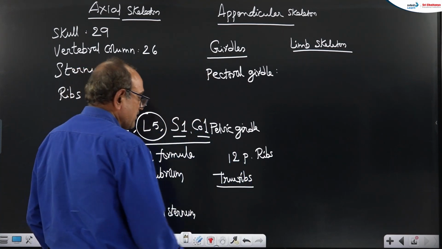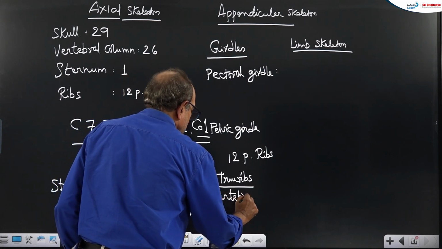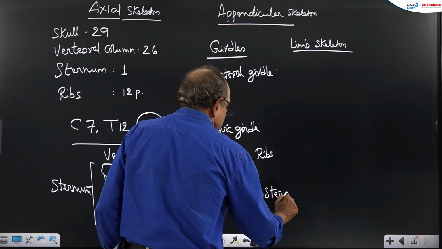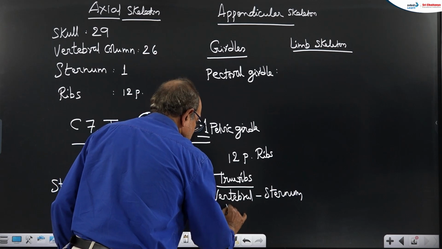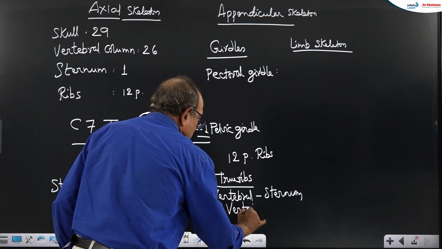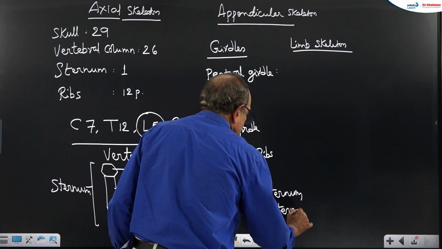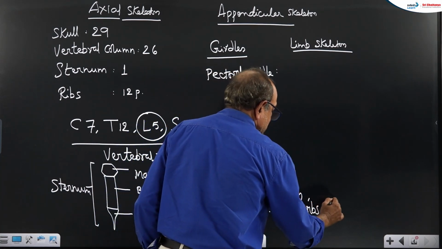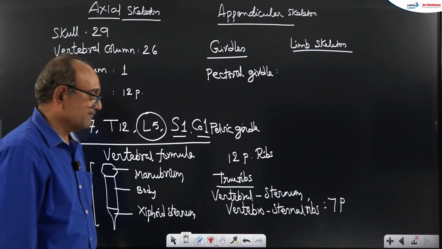They extend from the vertebral column to the sternum. Hence, these are known as vertebrosternal ribs. The first 7 pairs are the vertebrosternal ribs.